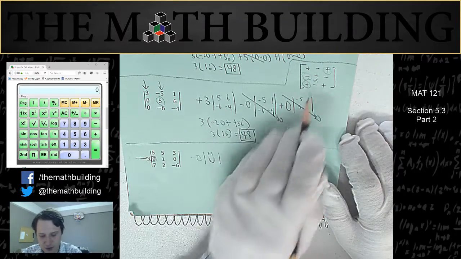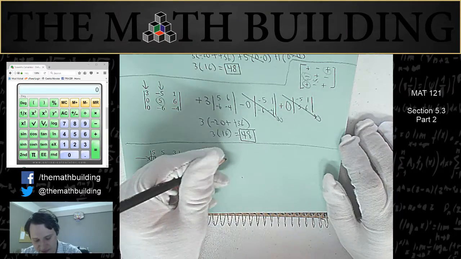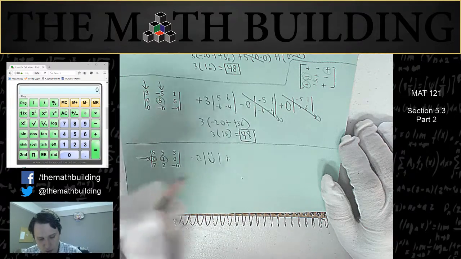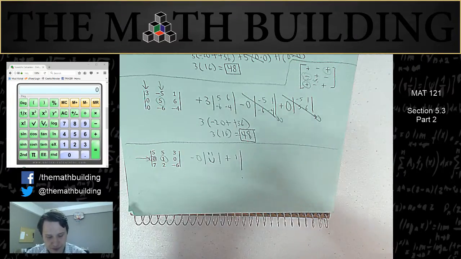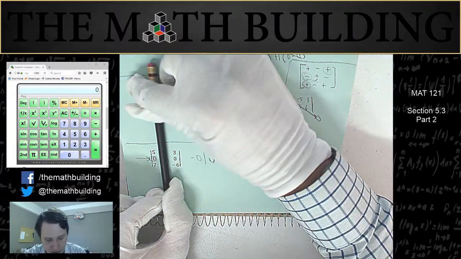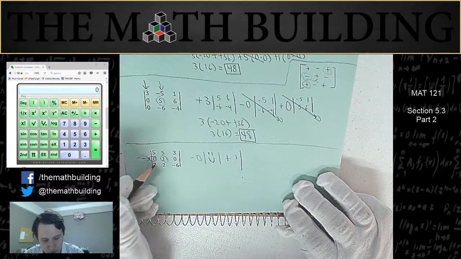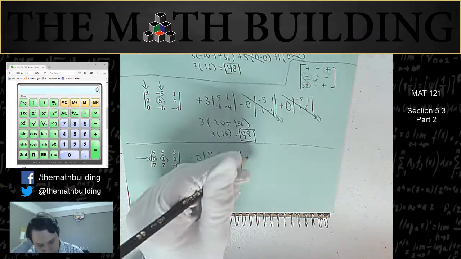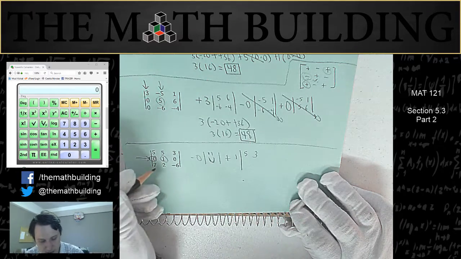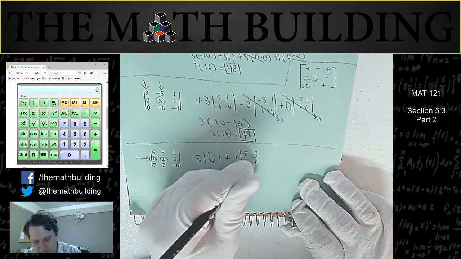Now, I'm going across the middle row, so this right here is a plus 1 times, ignore the second column and ignore the second row, so basically it's going to be the 4 corners, is this determinant, so 5, 3, 7, -6.